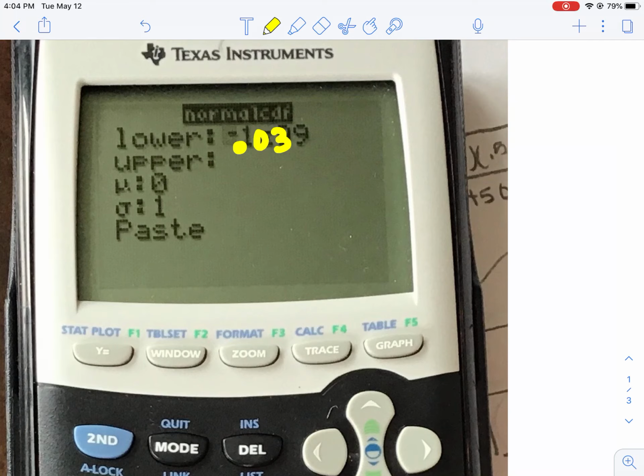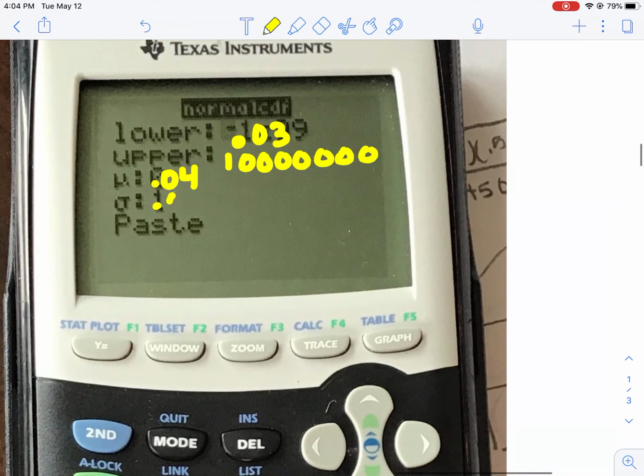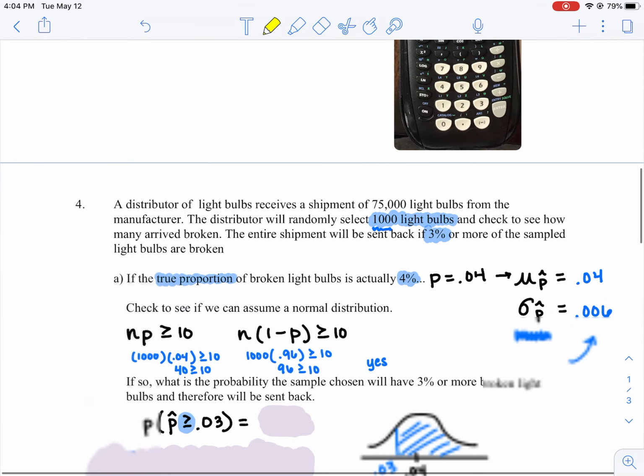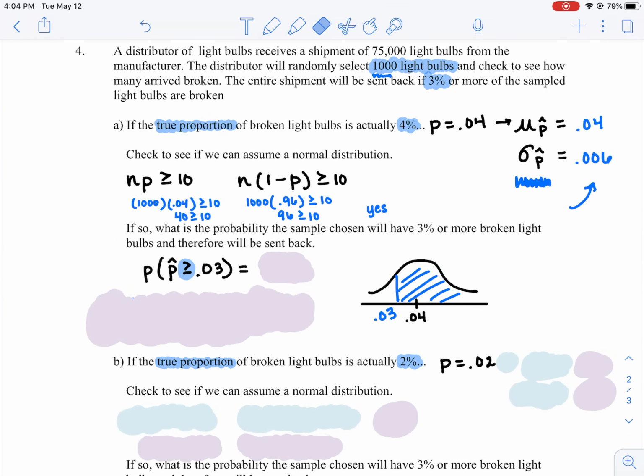The issue is on our calculators, we can't type an infinity symbol, so we just put a really, really big number, one with a lot of zeros. Okay, now our mean for this example is 0.04. Our standard deviation, which we calculated, was 0.006. I hope that's right. And enter, enter, enter, enter, enter. And you should get your probability of 0.95.